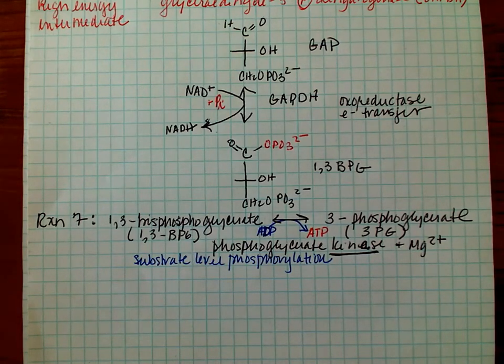So what is a substrate level phosphorylation? It is the phosphorylation where it generates ATP by taking a phosphoryl group from a metabolite or intermediate molecule, in this case in glycolysis, and transferring that phosphoryl group to an ADP molecule to produce ATP.